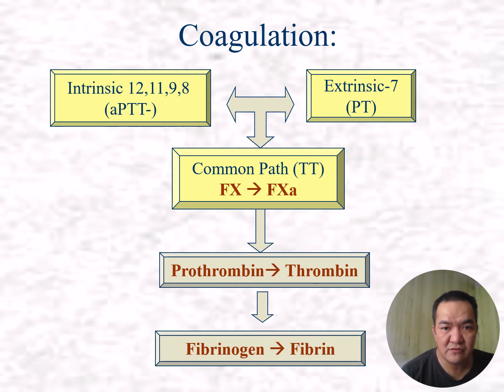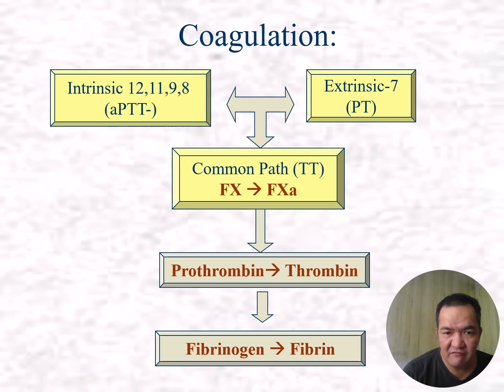This slide shows the coagulation process, one of the events that take place to prevent bleeding or to stop bleeding. We can see that the process of coagulation starts by the activation of either the intrinsic pathway or the extrinsic pathway.